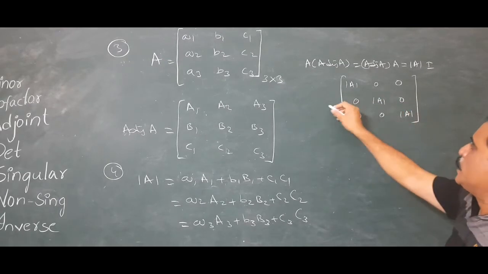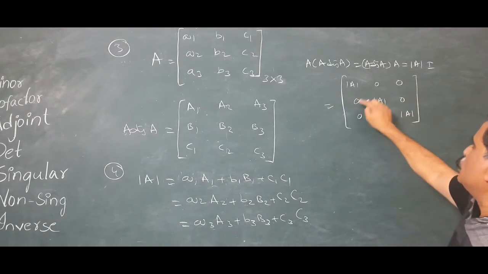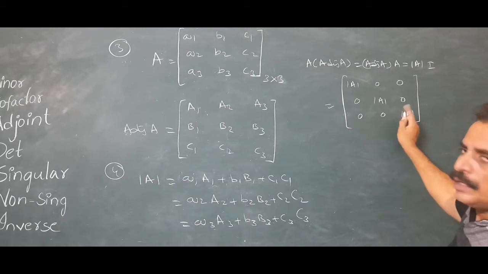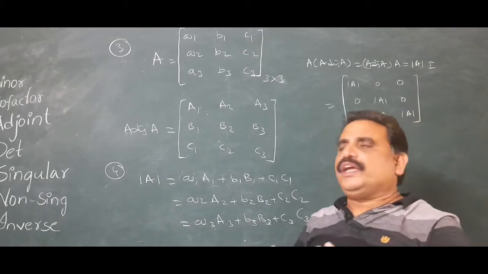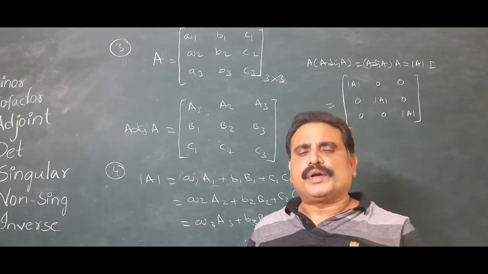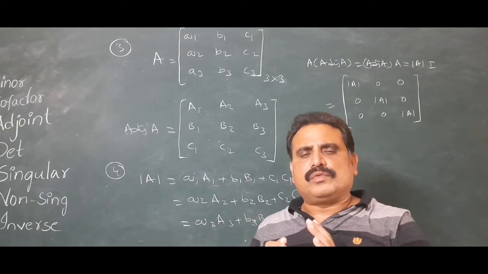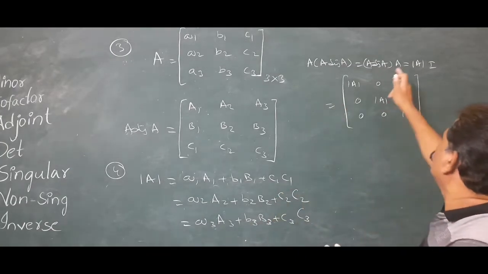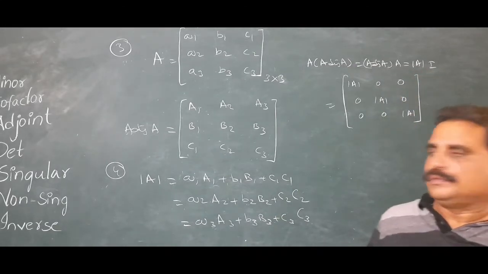If you take det A common, we get det A into I. That is the most important property.